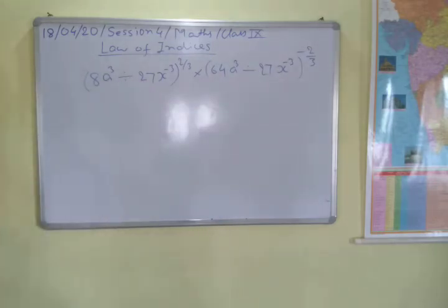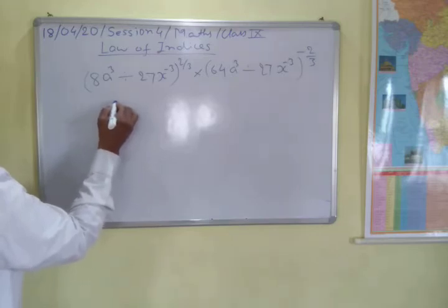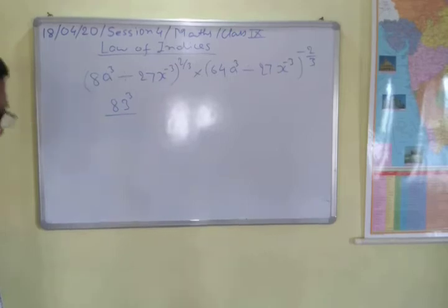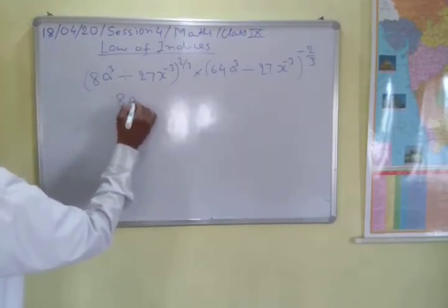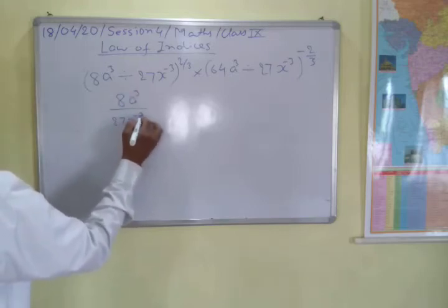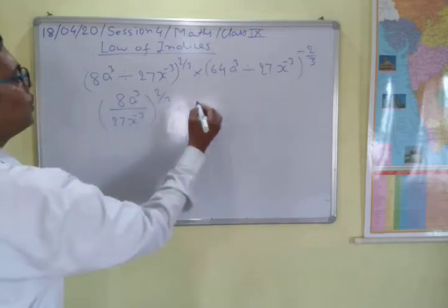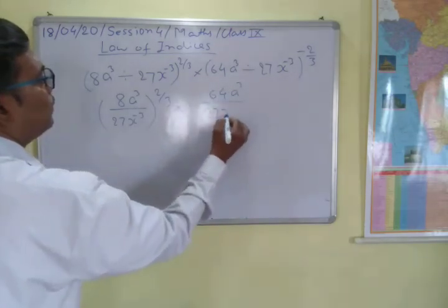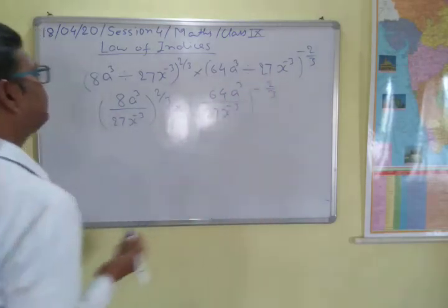Because of this division, we can write this as 8a cube by 27 x to the power minus 3, to the power 2 by 3, and into here also 64a cube by 27 x to the power minus 3, to the power minus 2 by 3.